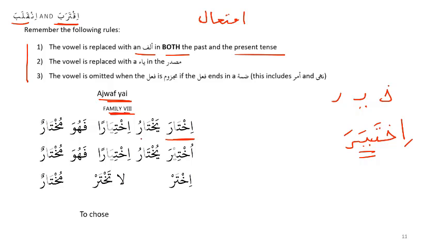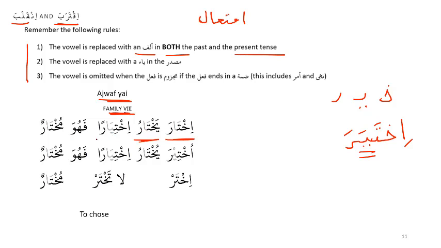And that's the past tense. The mudare becomes yakhtaru. Ijtanaba yajtanibu, so instead of yakhtayiru, it becomes yakhtaru. The ya gets replaced by an alif.